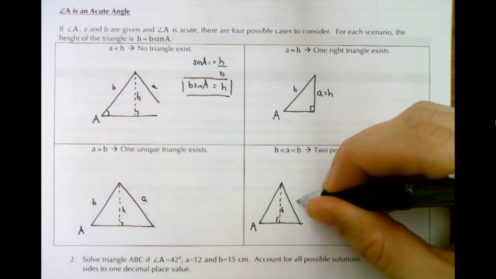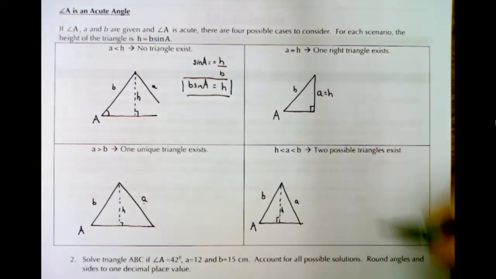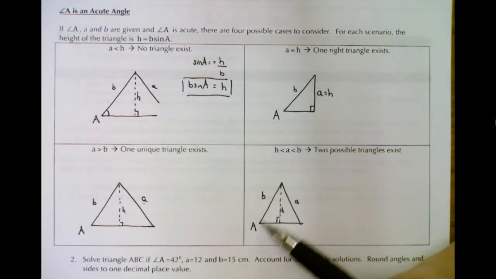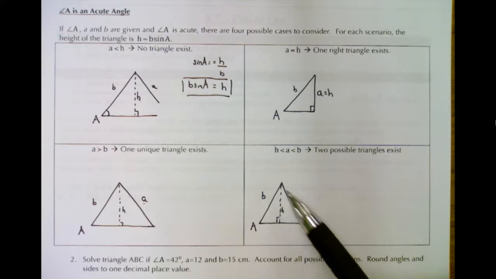There's my height, there's my A, here's my B, because that would be angle B. In this scenario, the B side's the longest, the A side is the second longest.